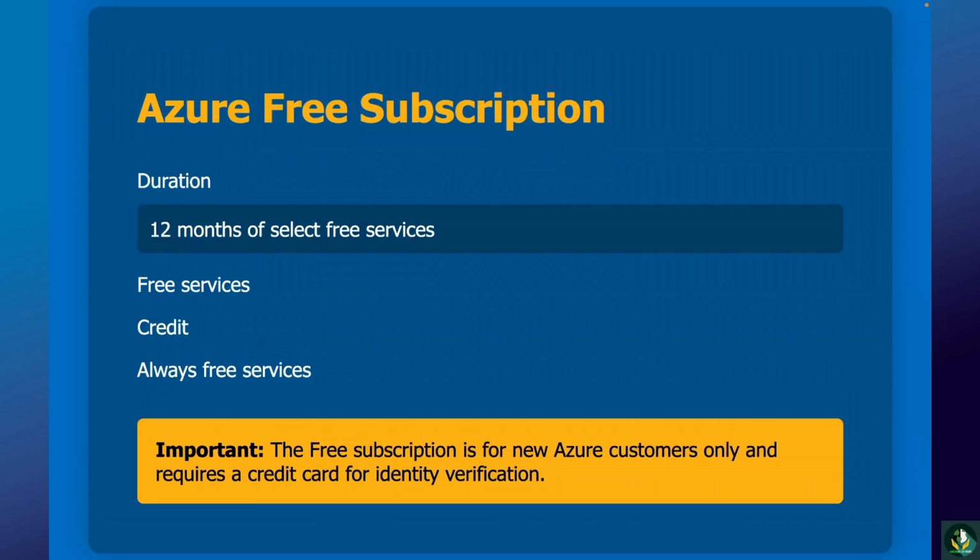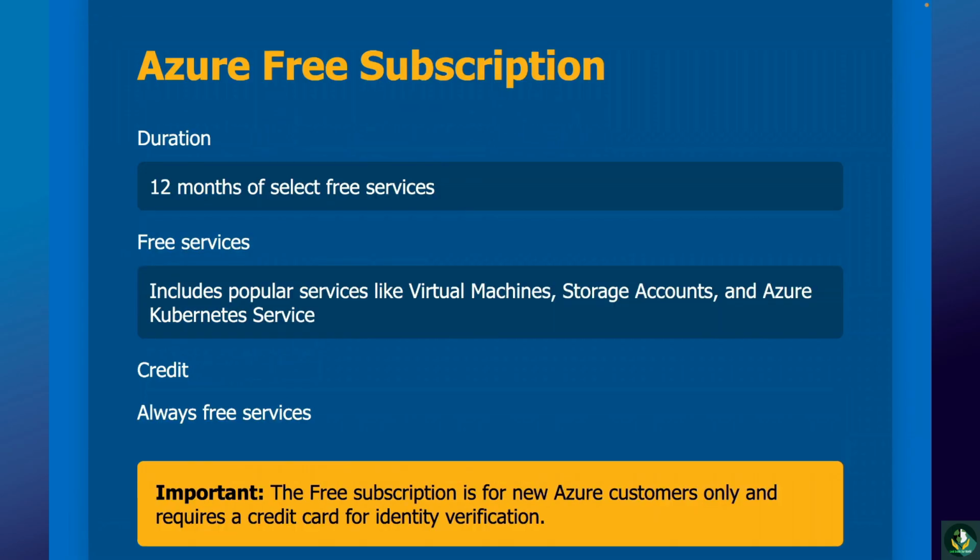Duration. The free subscription lasts for 12 months from the sign-up date, and it covers free services. Users can get access to popular Azure services free of charge for 12 months. These include compute services like virtual machines, storage services like storage accounts, which we've already created, and container services like Azure Kubernetes Service.